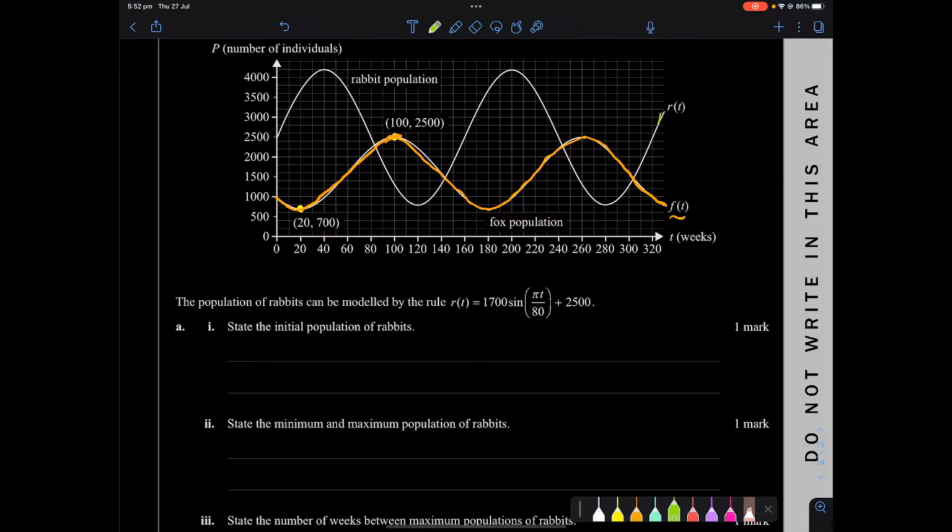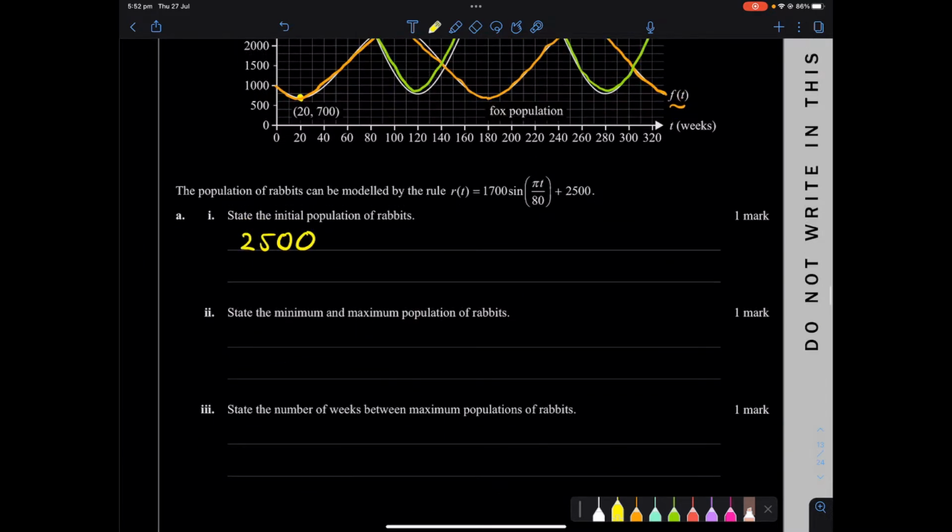And this is for the rabbits. So we want the initial population of the rabbits. The initial population is over here, which is 2,500. So your answer here is 2,500. Yep, 2,500.